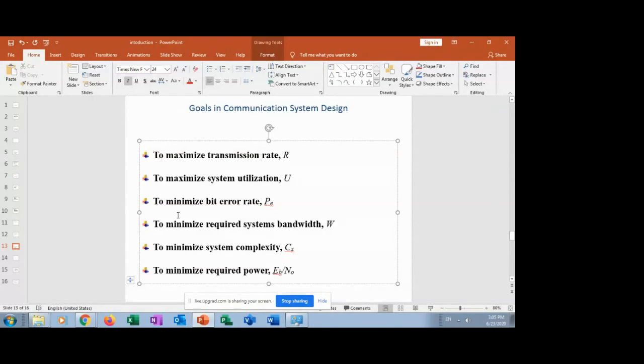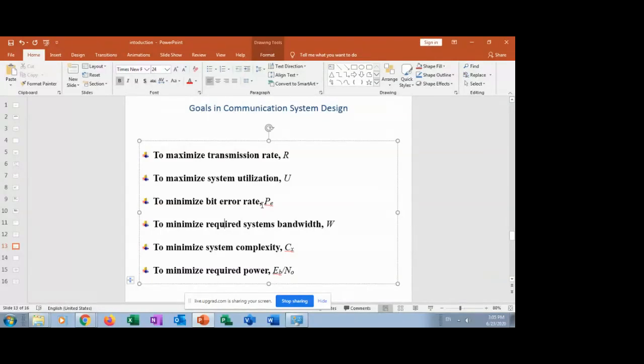Simple. Now, very important is to minimize the bit error rate. What does minimizing the bit error rate mean? For example, let us consider I have the data 101. From the transmitter side I have to transmit 101. And for example, at the receiver side, due to distortion, I receive 100.